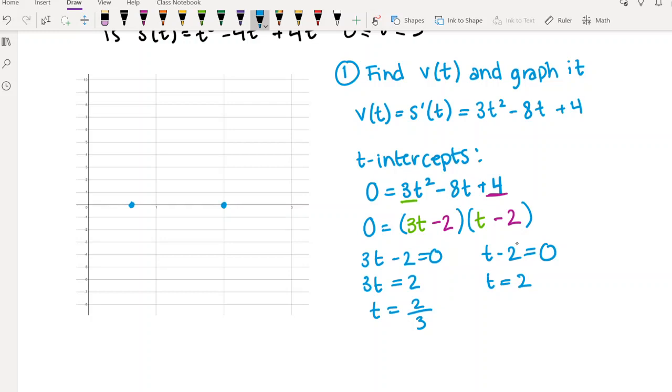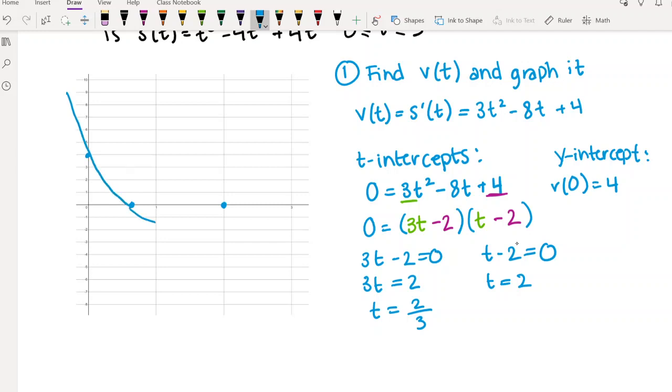And then how do you find the y-intercept? Well, you just plug in 0 for t. What happens when you plug in 0 to a quadratic function is that you just get left over with the constant. So we get 4. That tells us that our graph is going to look something like this.